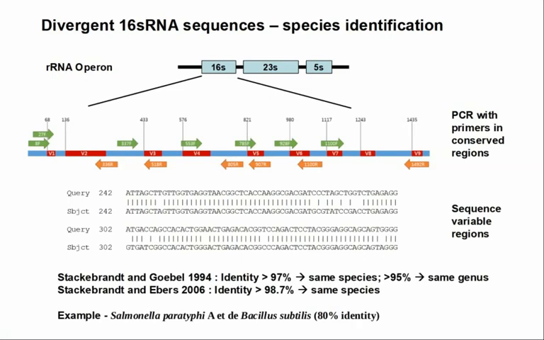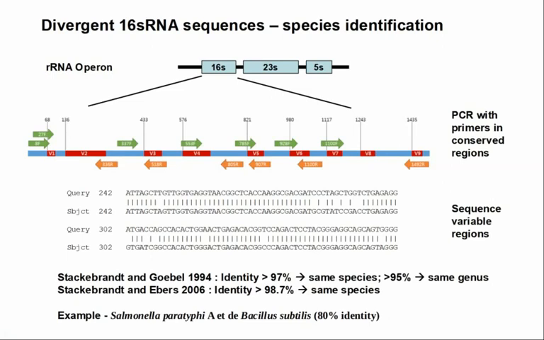So this was proposed 25 years ago or so, as a general technique to determine whether two bacterial strains belong to the same species or not. At that time they said, okay, if you've got more than 97% identity, then these two bacterial strains belong to the same species. Then 10 years later they revised that estimate with more data. So in fact, now they say 98.7% identity, they're the same species.